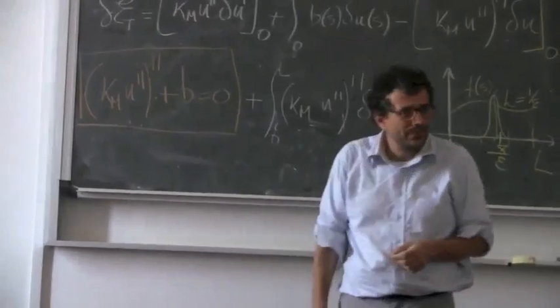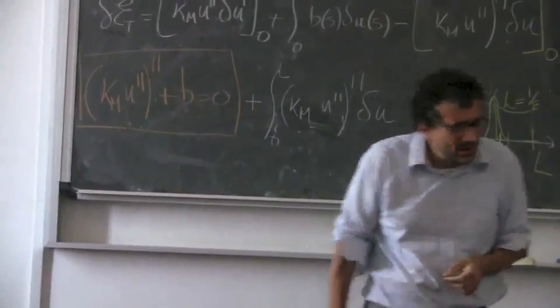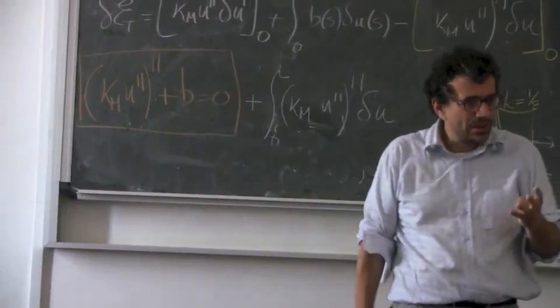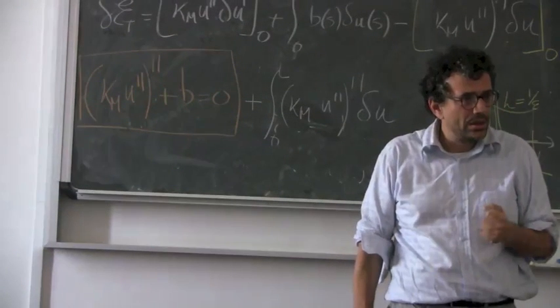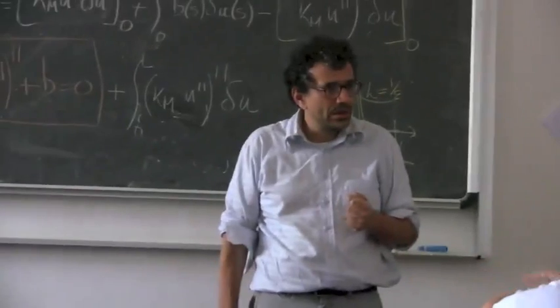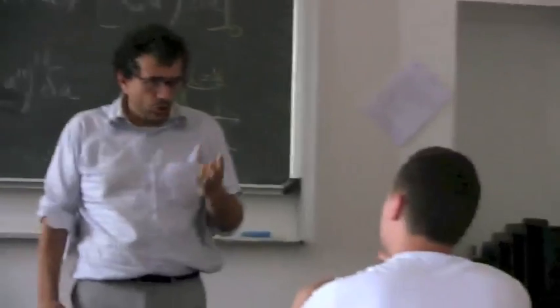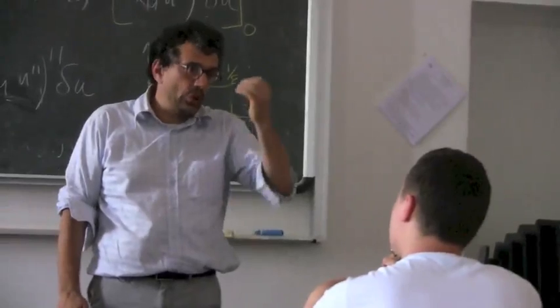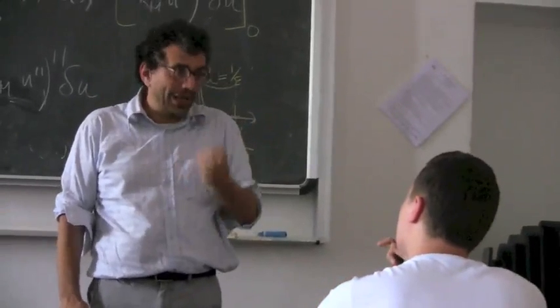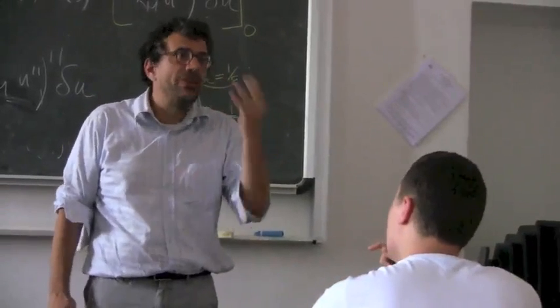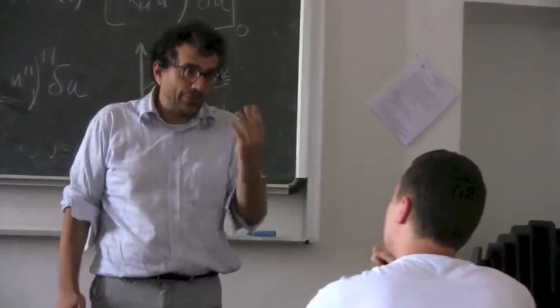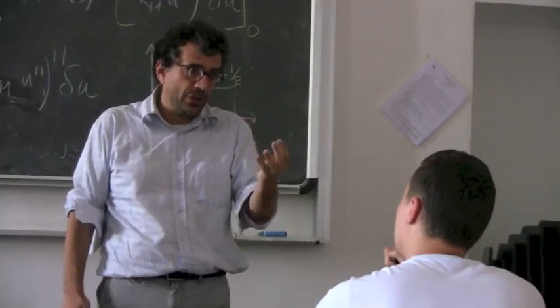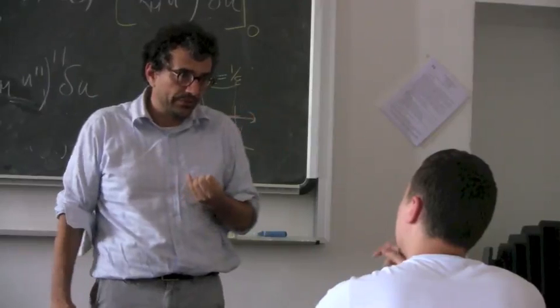Sorry? So you have that u of s depends on 4 new variables, and you must find the value of these 4 variables.